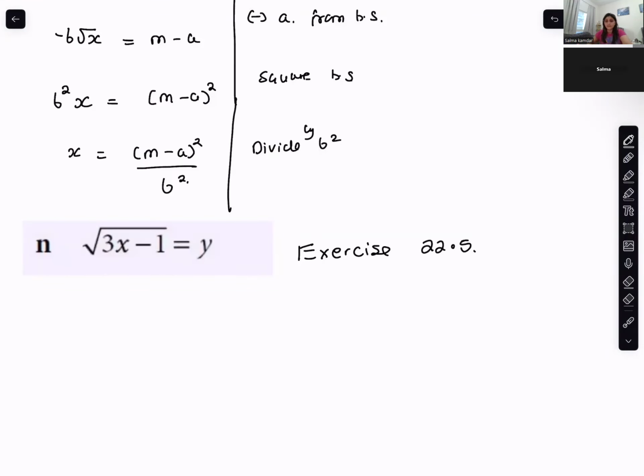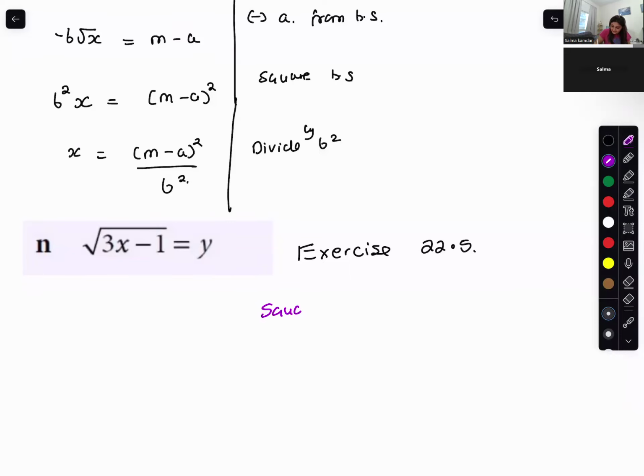Let's do the N part. What you have to do, you have to make X the subject. That means you have to free X. So first I will square both the sides. If I'm going to square both the sides, I'm going to get 3X minus 1 is equal to Y. Then I'm going to add 1 to both the sides.